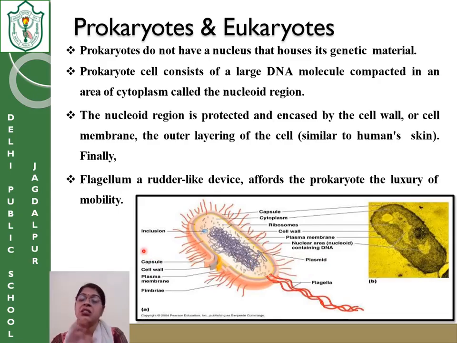Plasmid is a circular DNA. Plasmid is a self-replicating circular DNA which has the ability to gather genes from another organism and carry them into another organism.